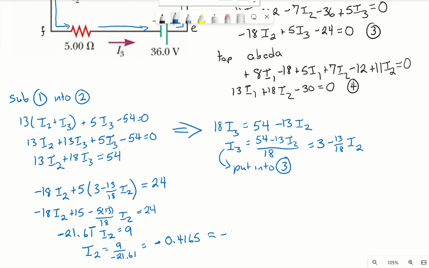So that should be negative 0.416, because it's actually 0.41645 something or other. So negative 0.416 amps, and the negative sign just means I guessed the wrong direction. So the current in that middle section actually doesn't flow towards the right, it flows towards the left.